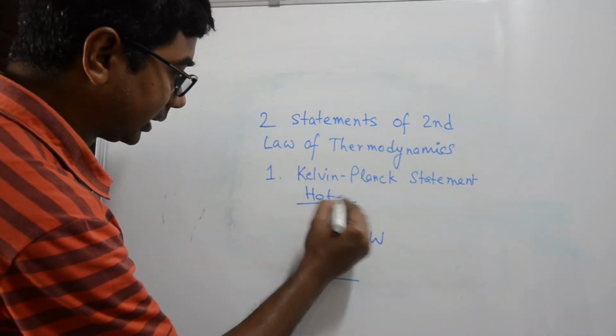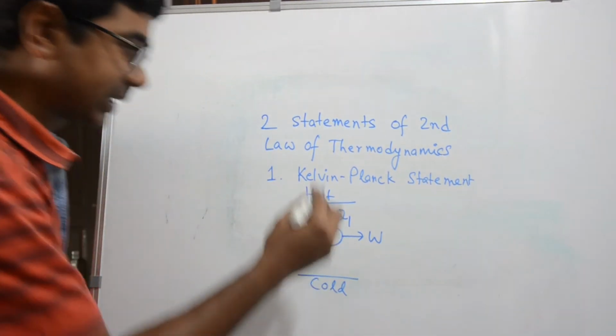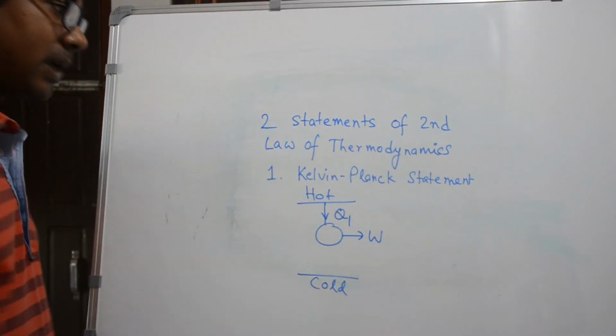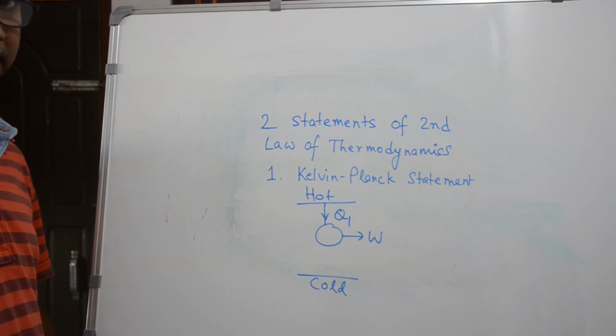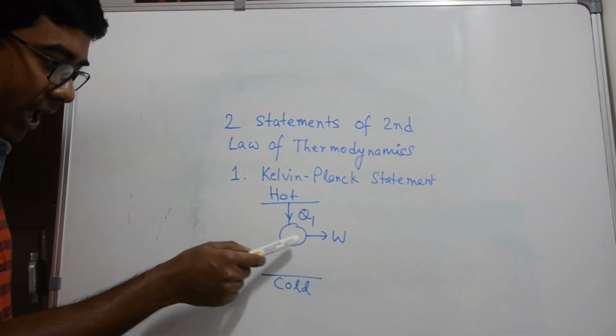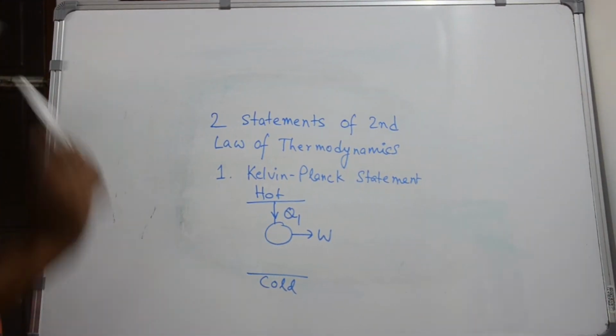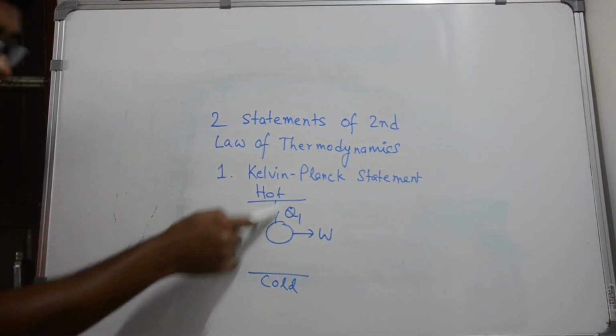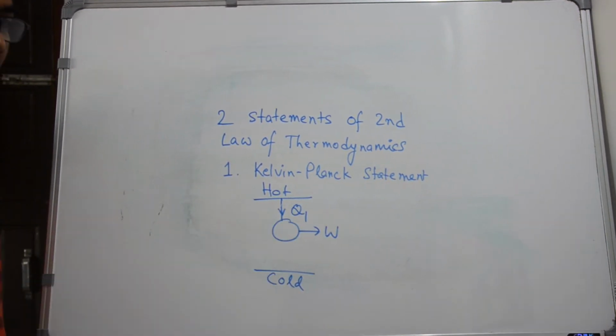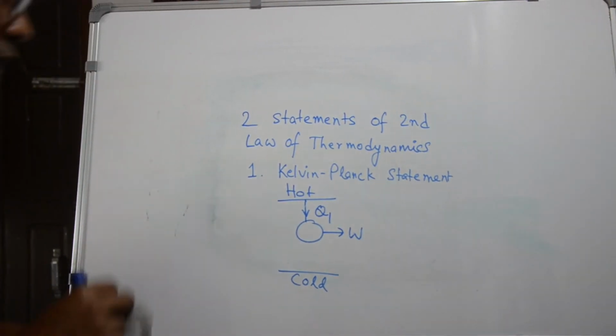That's what the Kelvin-Planck statement of the second law of thermodynamics depicts. Some amount of heat has to go to the cold reservoir or the sink. 100% conversion is not possible.